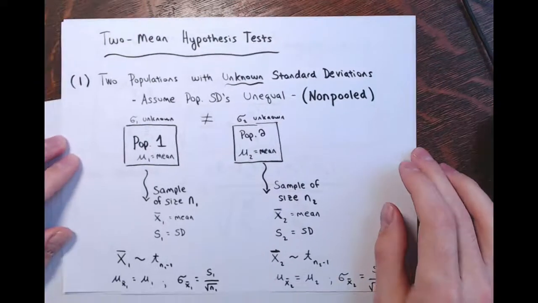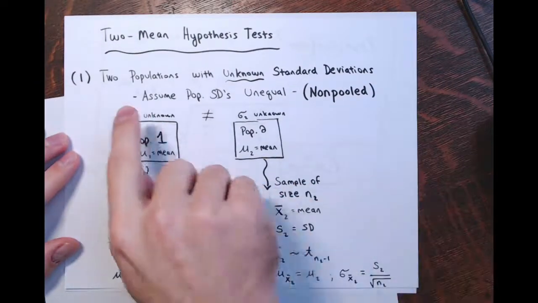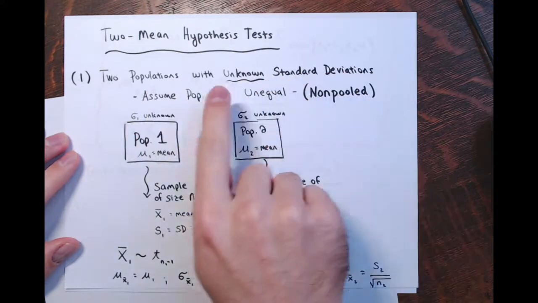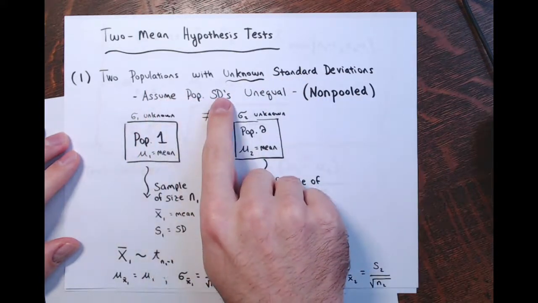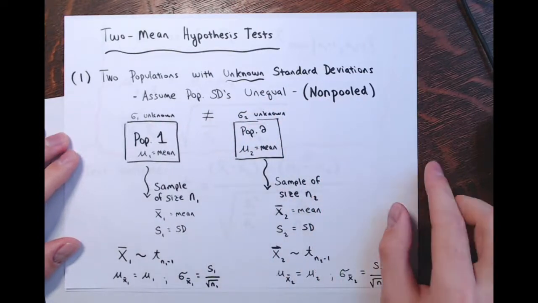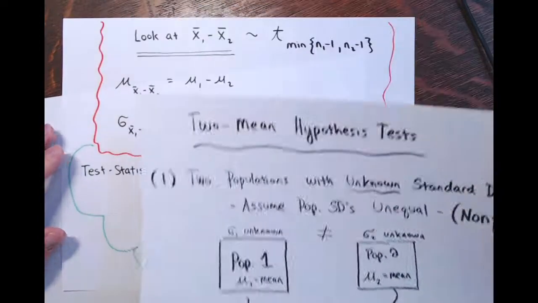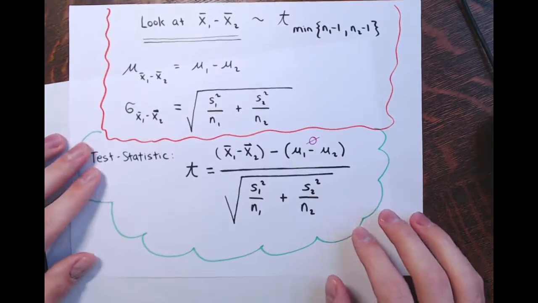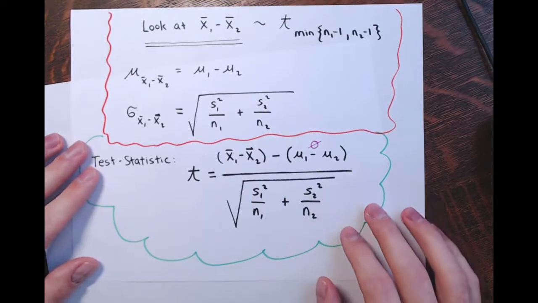When you're doing a two mean hypothesis test and you have two populations with unknown standard deviations, and you're assuming that the population standard deviations are unequal, it's this non-pooled scenario. Well, then your test statistic was this. Again, I went through all the parts of this.